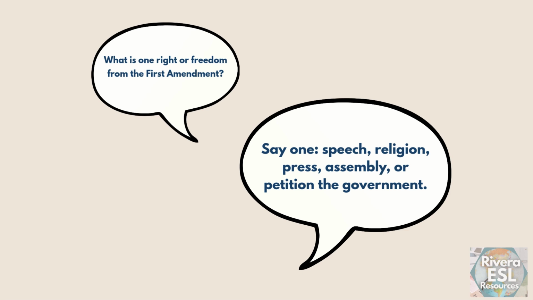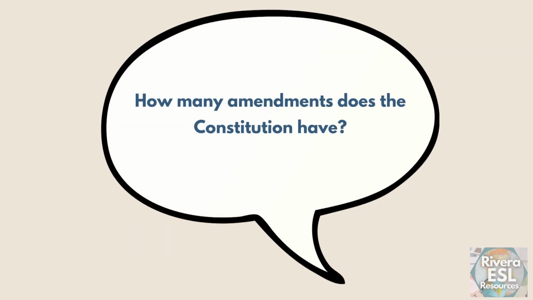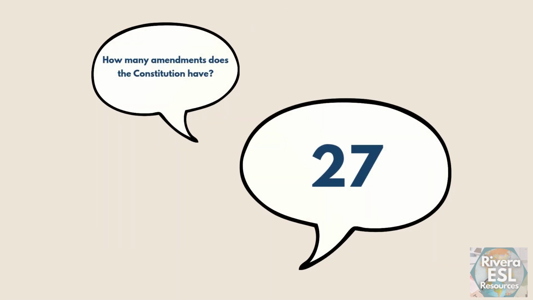You just need to say one, so you could say freedom of speech, religion, press, assembly, or petition the government. How many amendments does the Constitution have? 27.